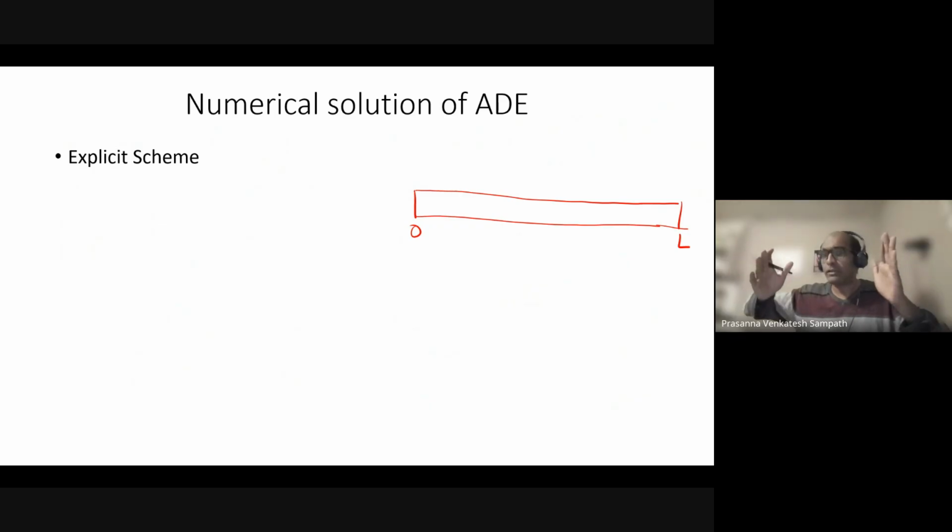My domain of interest starts at x equal to 0 and ends at x equal to L, not at x equal to infinity. But we have to make L sufficiently large. I can't make it too small. How to make it large is another matter you learn from experience, and of course there are obvious ways of figuring out whether it's large enough or not.